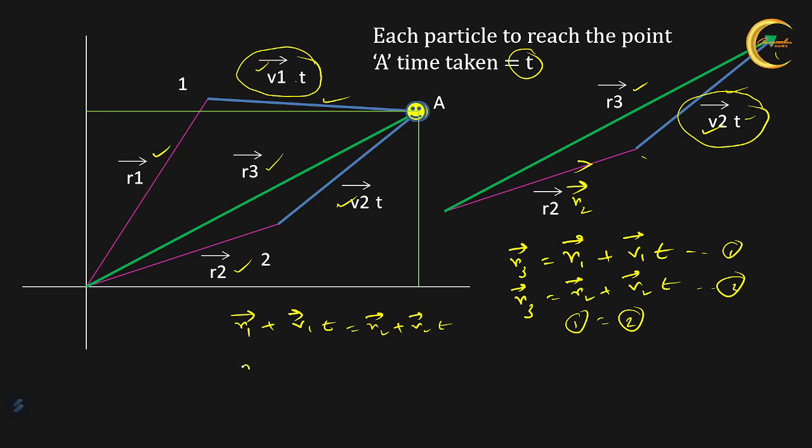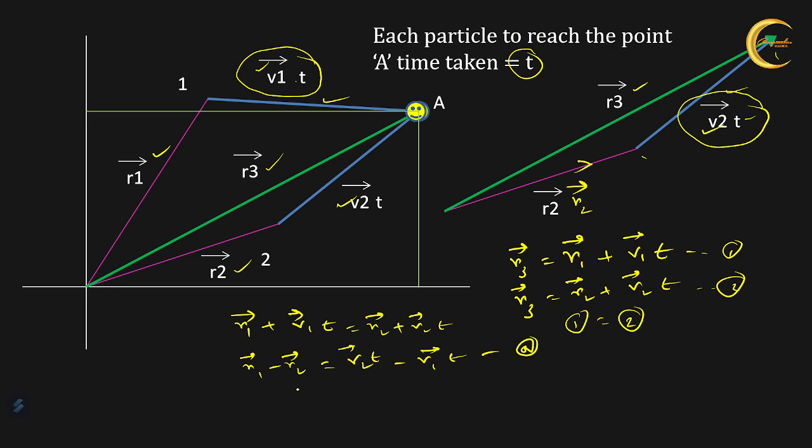So R1 minus R2 vector equals V2 t minus V1 t. Suppose this is equation A.